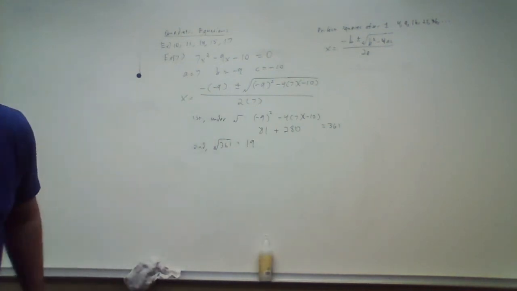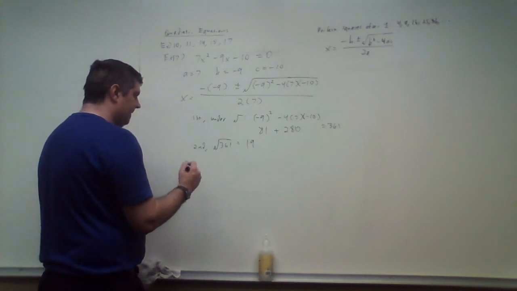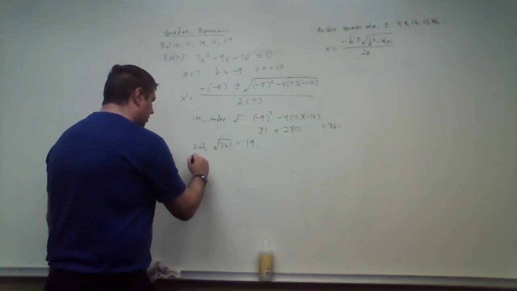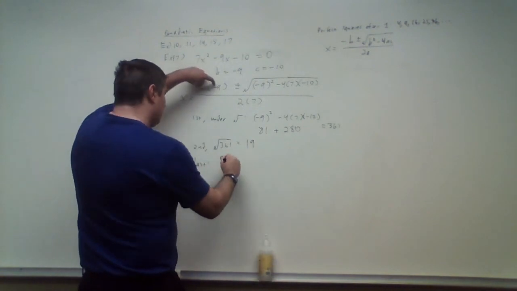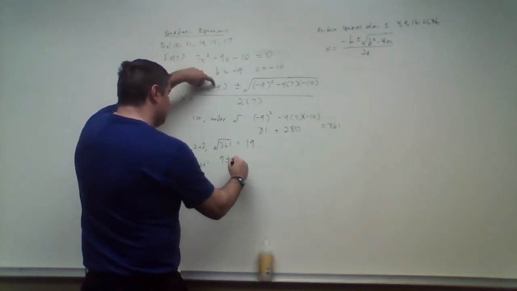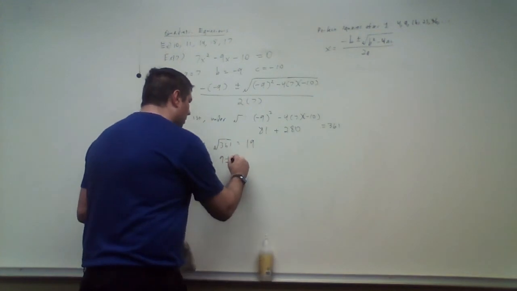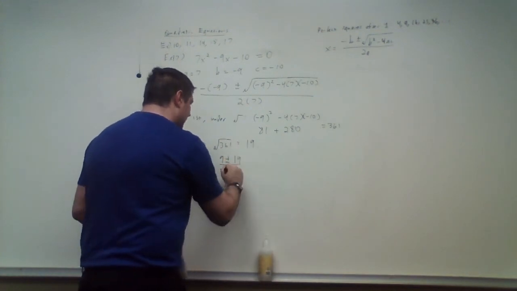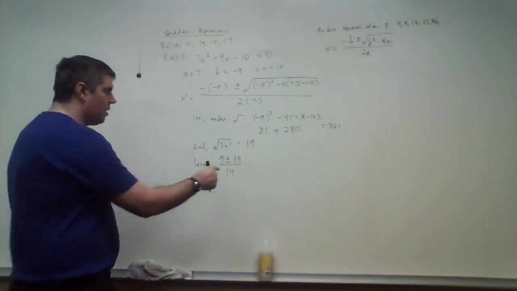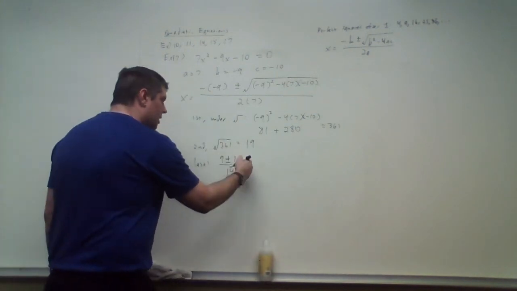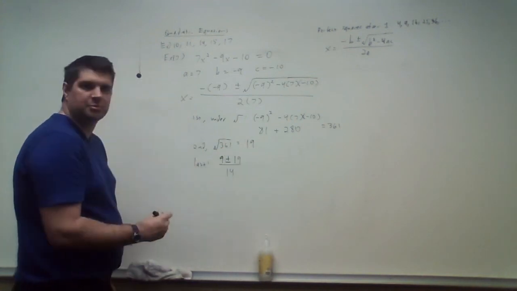All right. So the last thing you do is you have 9 plus or minus 19, no radical, over 14. Okay? Because there is no radical, there is no imaginary unit, these numbers can actually be added and subtracted.